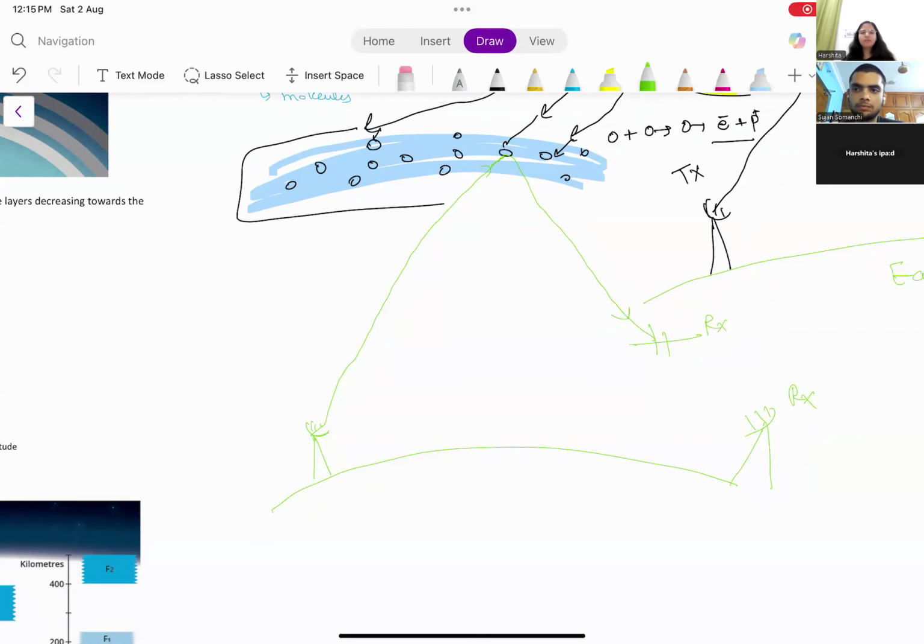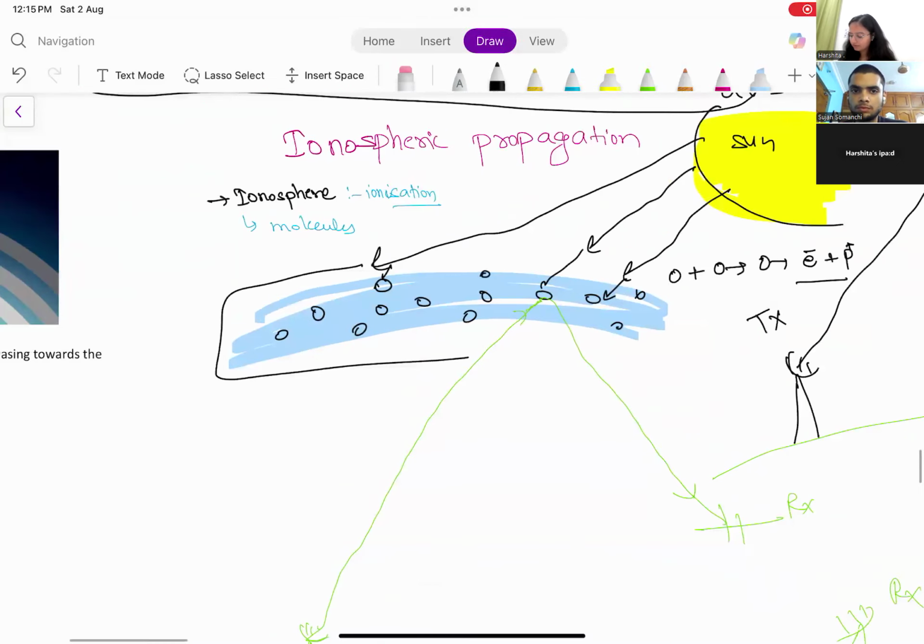So what are sky waves? These are the waves which are reflected from the ionosphere. They are using HF frequency, and these waves are reflected from the ionosphere.